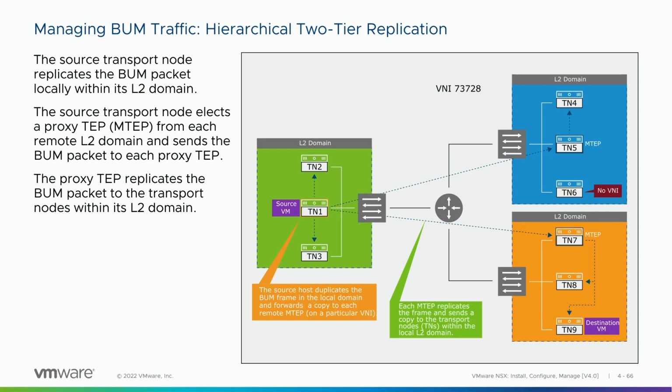Any transport node, any tunnel endpoint more precisely, can be and will be a proxy. It just has to receive a Geneve packet that has that replicate locally flag configured. And every transport node is going to choose its own proxies, right? That's done when the transport node receives the latest tunnel endpoint table from the central control plane.